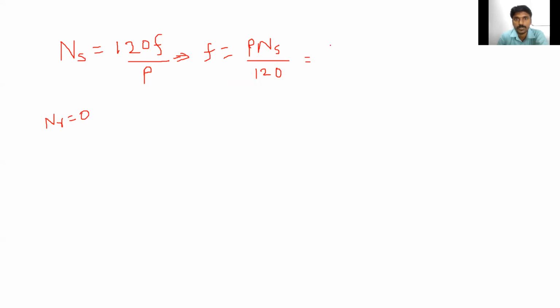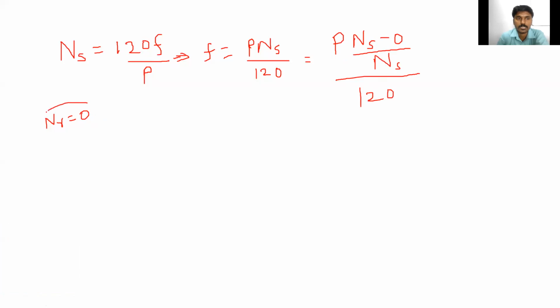This equation can be written as P into (Ns minus 0) by Ns, divided by 120. Can we write the equation like this under the standstill condition?